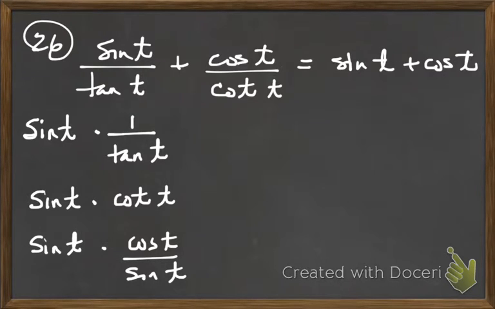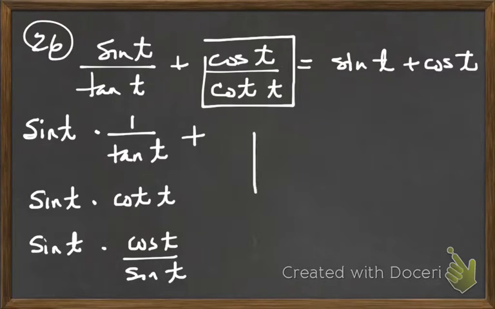And then the second part, this cosine over cotan, that's really cosine times 1 over cotan, which is really cosine times tan, which is really cosine times sine over cosine. So we could skip all the way down here if y'all caught on to what I was saying, and we'll have a plus here.